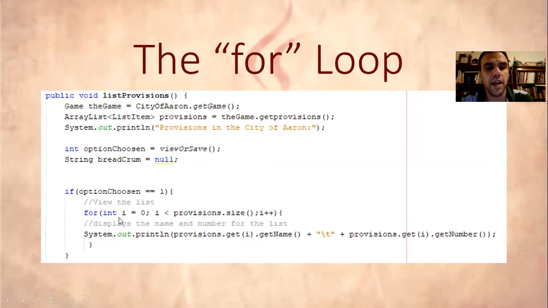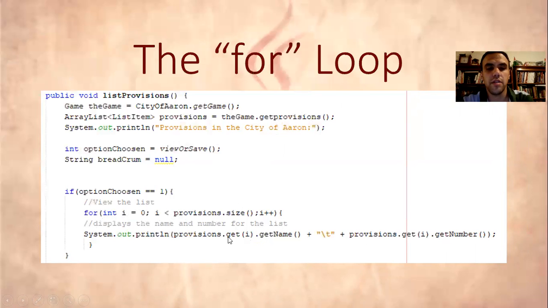This for loop has a variable called i, which is initiated as 0, and it has a comparison that if i is less than provision size, which is the size of the array that I'm running through, it's going to add 1 to i, and it's going to do this.